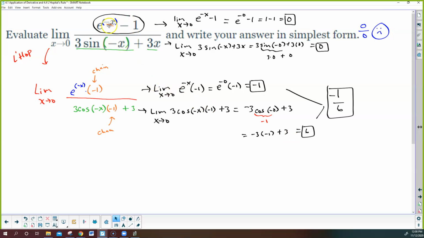The trickiest thing is just remembering the chain rules. That's usually where students make mistakes, and that's what they test on the AP test. So they're looking to make sure you remember the chain rule.